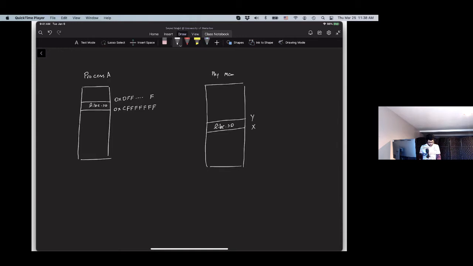It doesn't really matter. And then let's say there is another process that needs libc, let's say process B, and it just happened that we mapped libc to address 0xBFF to 0xCFFF.